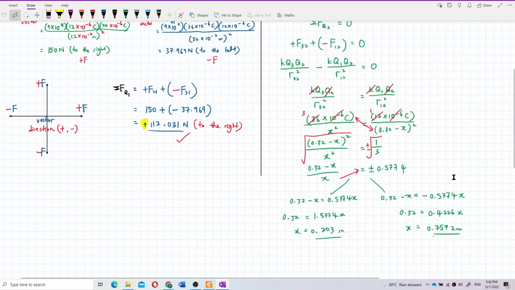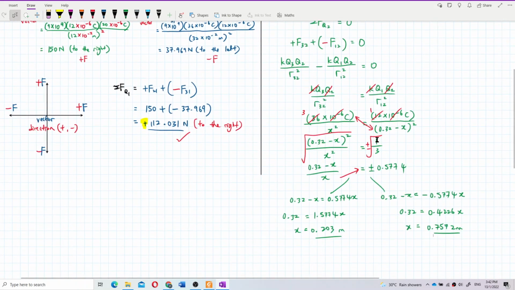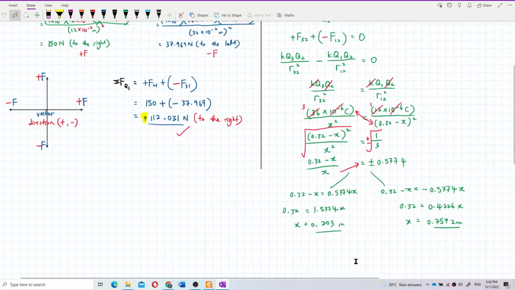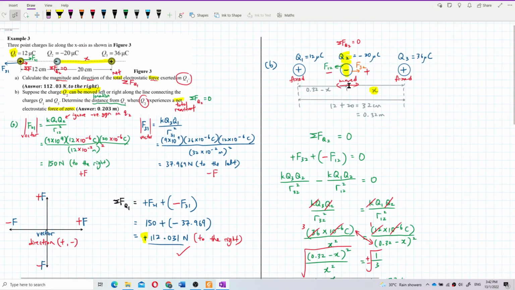Look at here. In terms of mathematics, when we square root both sides, we must add the positive negative sign. And because of that, I end up having two answers. But which one should be the correct one? We cannot accept both. Why? X is the distance between Q2 to Q3.